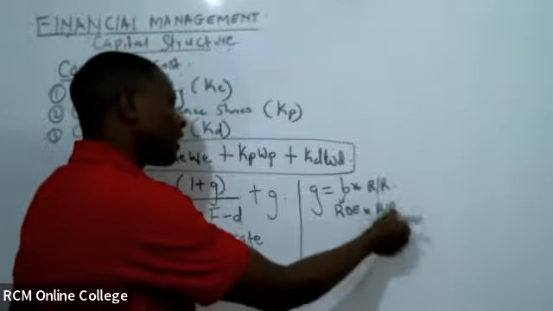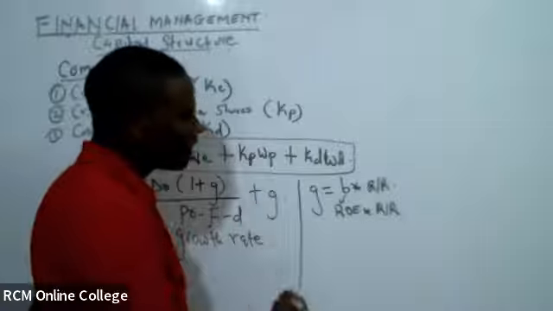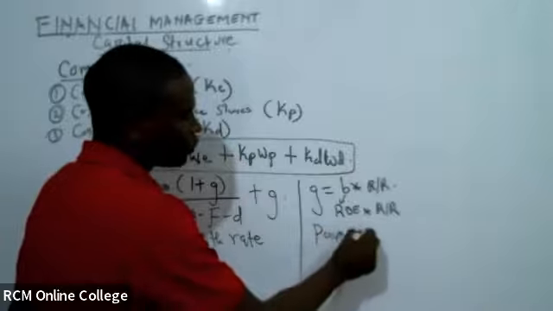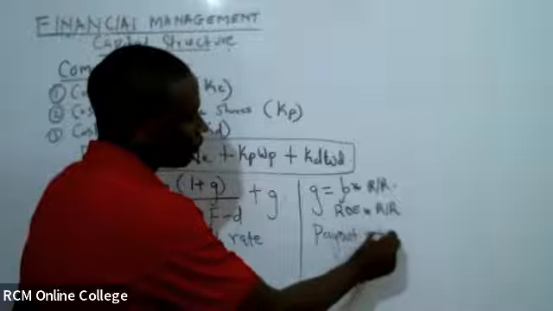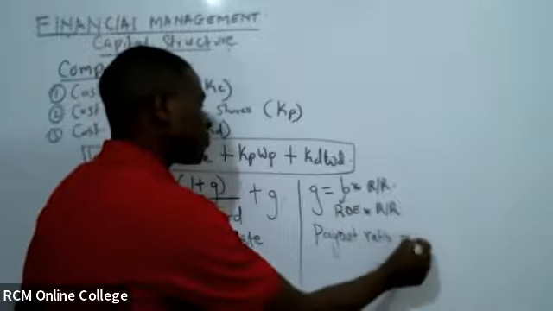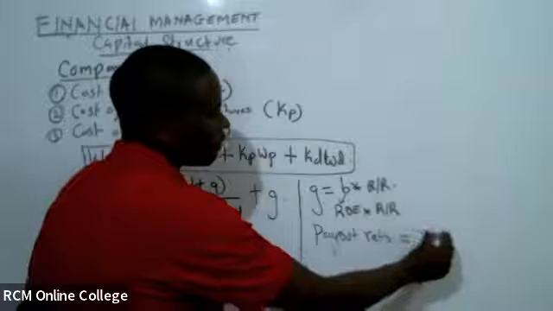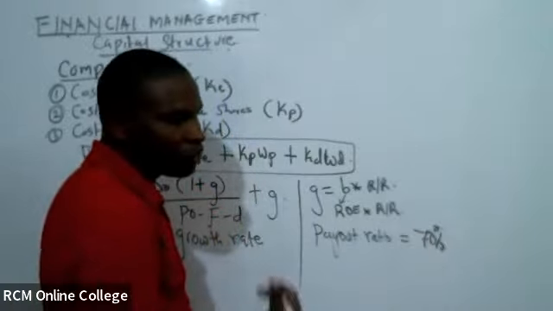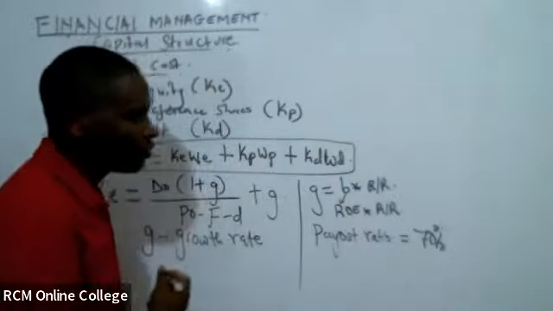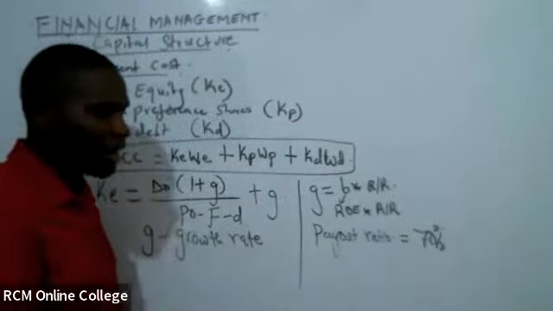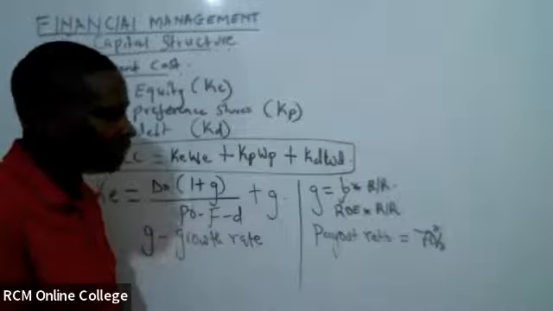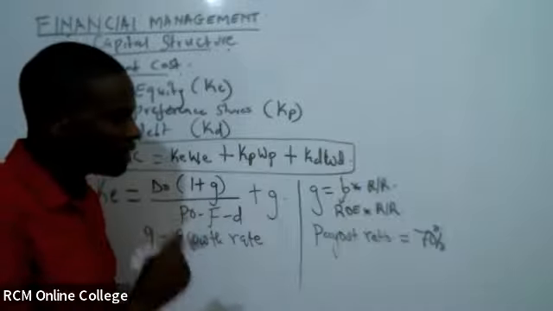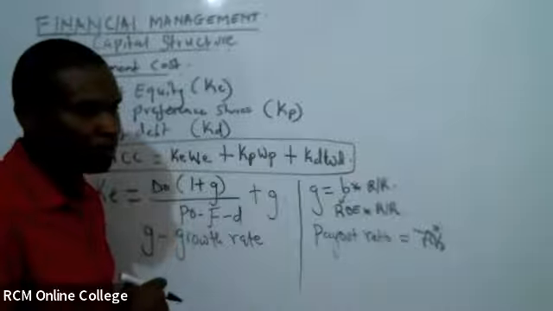So how do you arrive at your retention ratio? If you're given the payout ratio or rate, as maybe you can say 70%, 70% is the dividend payout ratio. What will be the retention ratio? Let me get this from you. I want us to get this closer until we get to the point. What will be my retention ratio in that point?